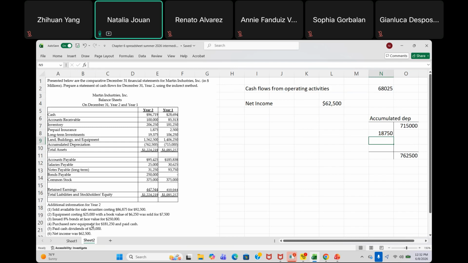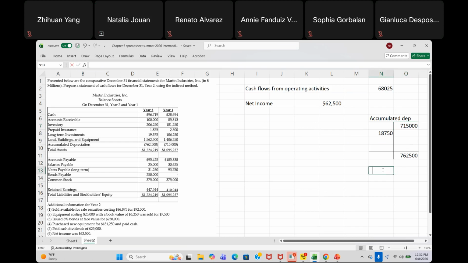We're purchasing equipment; that doesn't matter. So in essence, 715 minus 18 plus x equals 762,500. If you're accounting majors, you should know that accumulated depreciation has a credit balance. If we sell an asset, we need to debit the respective accumulated depreciation, and then we're also expensing the increase for the year.